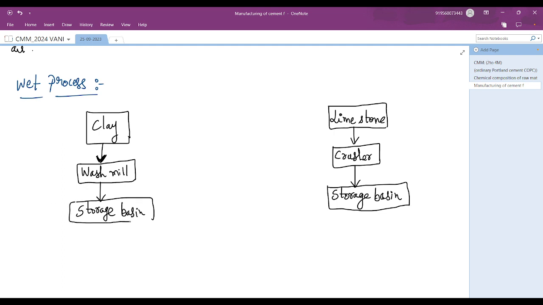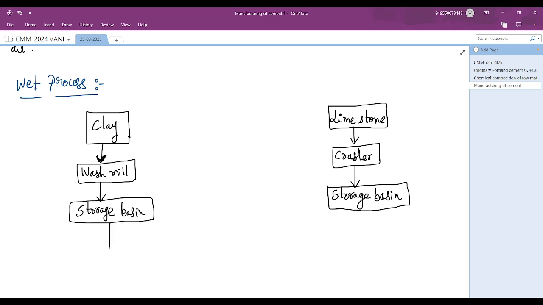Now these two constituents from the storage basin are taken into grinding mills. There, by making use of water, we prepare a slurry.